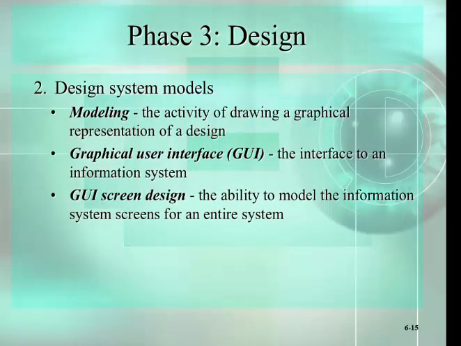The second one is to design the system model. Modeling is the activity of drawing a graphical representation of a design. The graphical user interface, the GUI, is the interface to an information system. GUI screen design is the ability to model the information system screens for an entire system.